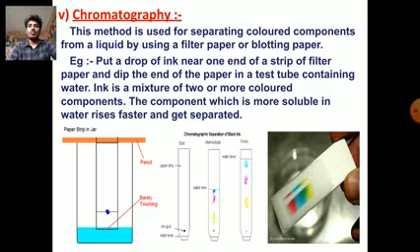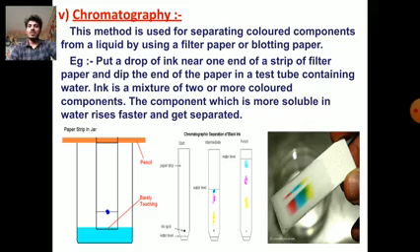Next one is chromatography. This method we use to separate the colored components of a liquid by using filter paper or blotting paper. Chromo means color, graphy means separation, so color separation.